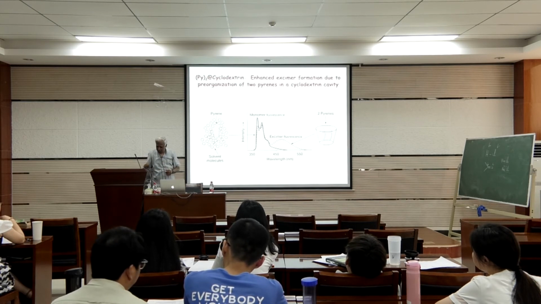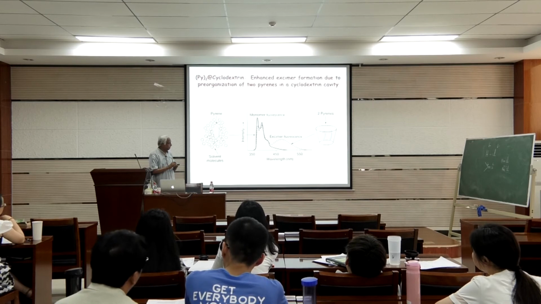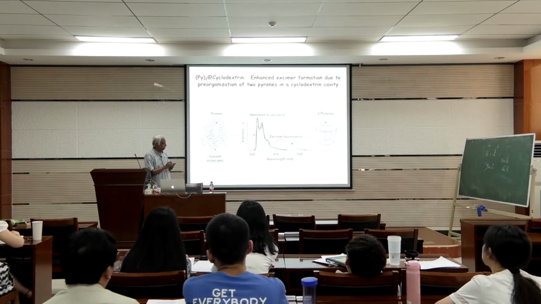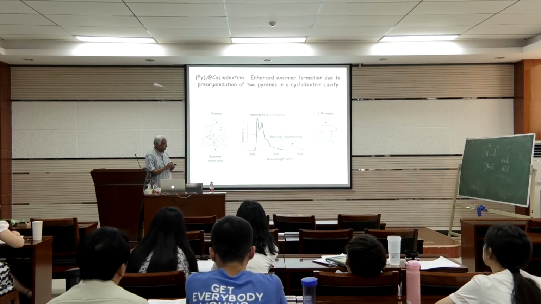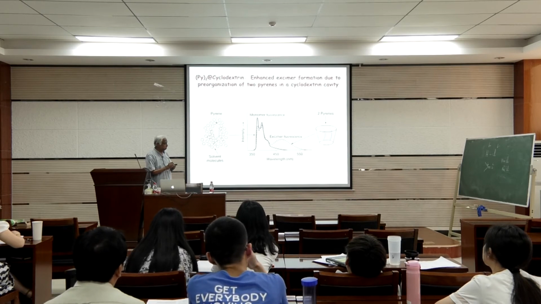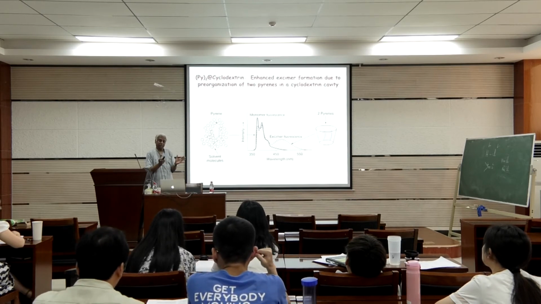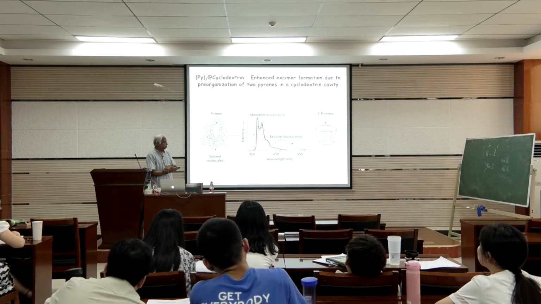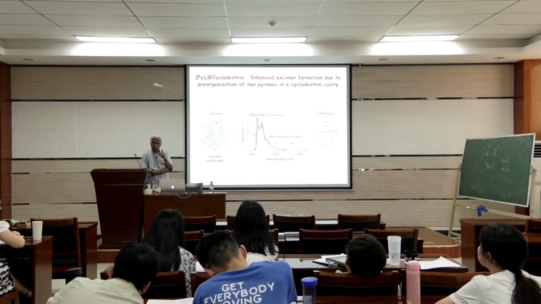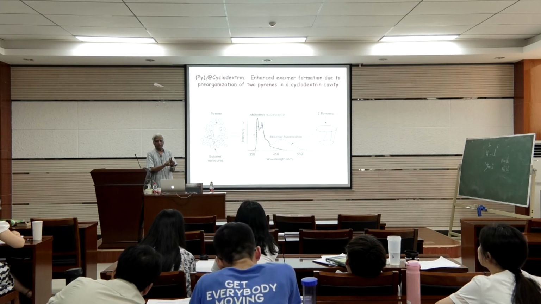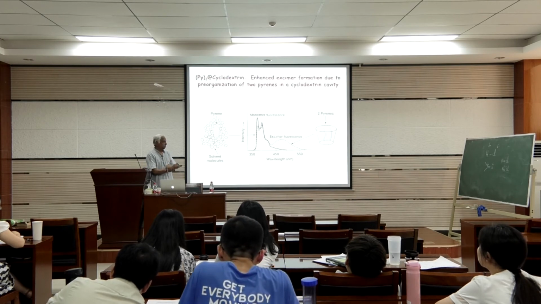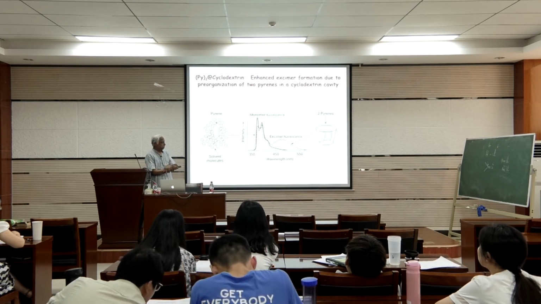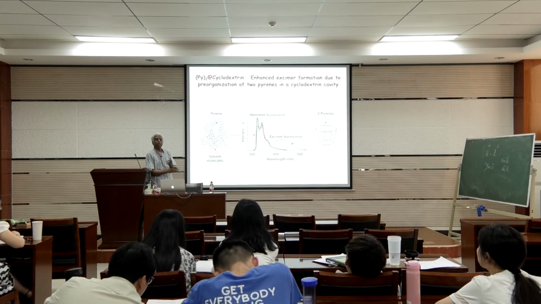Now if you notice here, there are two pyrene molecules inside the cyclodextrin. So the concentration in this small area is very high. If you remember, for excimer formation you need two pyrenes next to each other. So basically there are two pyrenes next to each other, and now you can see the excimer fluorescence.